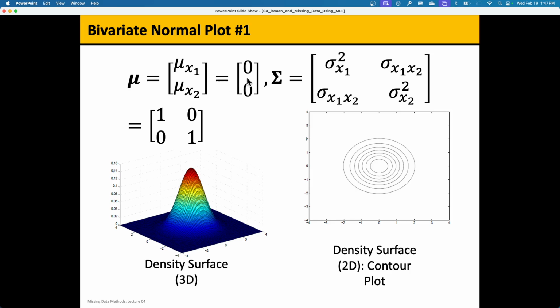Our mean vector, in this case, is centered at 0, so 0 for x1, 0 for x2. Our covariance matrix is something we call an identity matrix, 1's down the diagonal, 0 off-diagonal. Why 0? Because I had to start somewhere, and putting a 0 there makes a very nice graph.